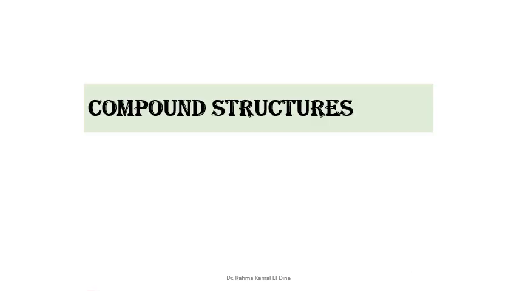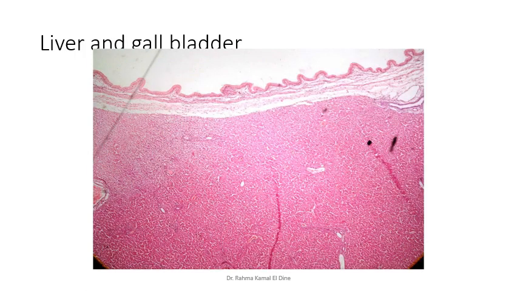Compound structures. What do I mean by compound structures? I can see more than one component inside. I can see more than one structure under the microscope. All of them are anatomically related, as liver and gallbladder.